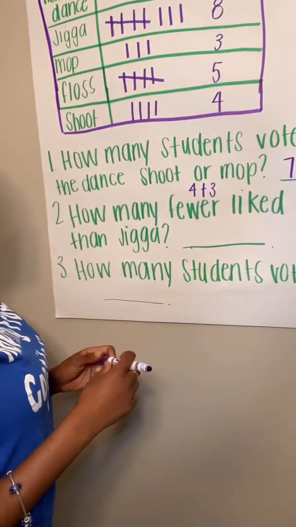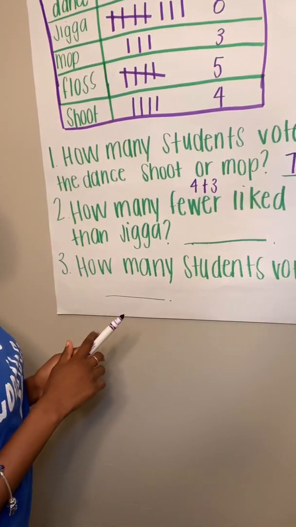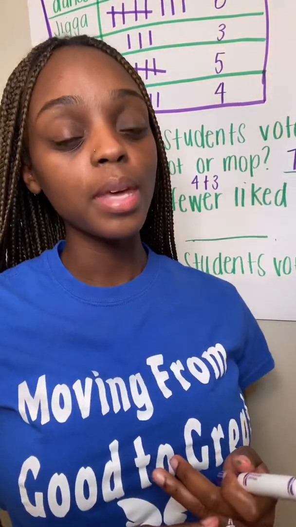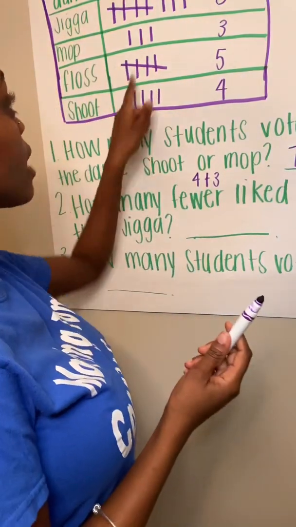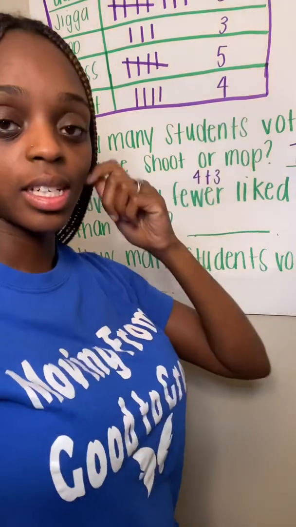Number 2, it says how many fewer liked floss than Jigga. Now, when we hear the word fewer, in this instance, we're comparing the amount of people that liked Jigga to the amount of people that liked floss.